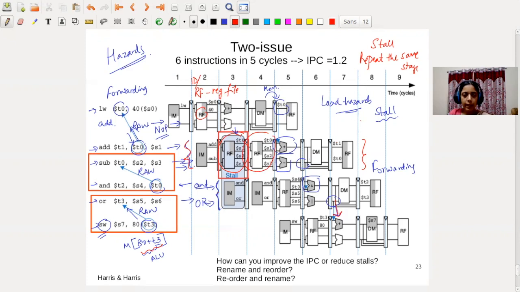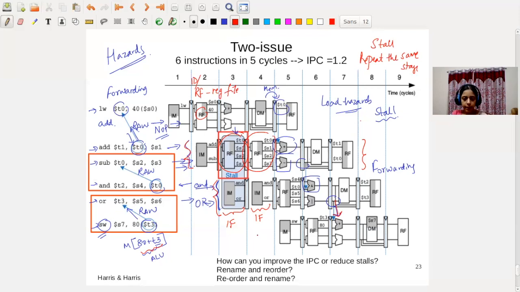So which means that the next bundle here is also going to repeat whatever stage it is in. So it is currently doing the IF stage, which is the instruction fetch stage. So it is also going to repeat that same stage in the next cycle. So whatever stage you're in, you keep repeating it till you overcome the stall. So that is what a stall does.